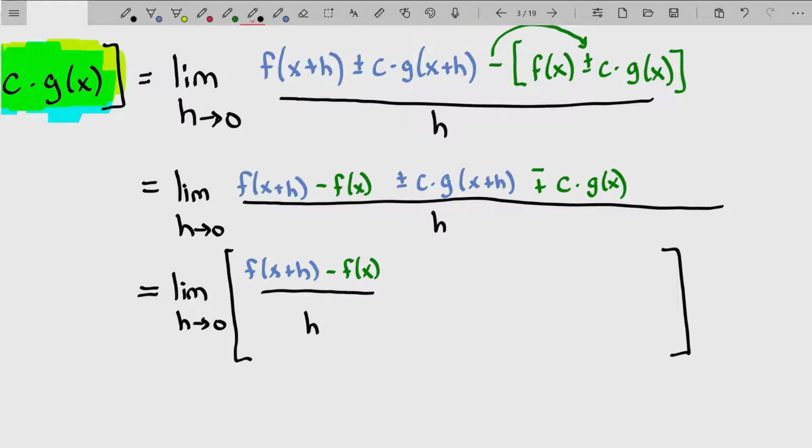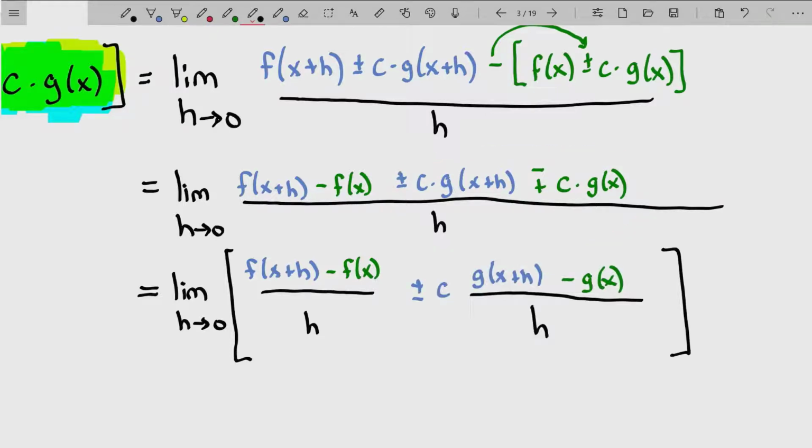The second fraction will be the rest of this stuff. I'm going to circle it up. It's the rest of this stuff right here, all over h. And I'm going to factor a c out of that, if you don't mind, and a plus minus. I think that's pretty okay to do.